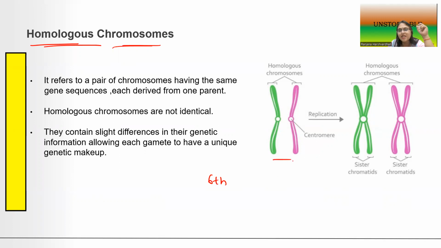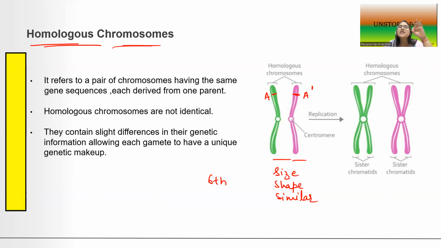Both the pairs, now you can see here, even though the colors are different, one is green and the other is pink in color, the size and shape are similar. And the genes which would be present on the chromosome, suppose this gene A is present on one homologous chromosome of the sixth pair, and this is the gene A dash, which is present on the other pair of my sixth chromosome.